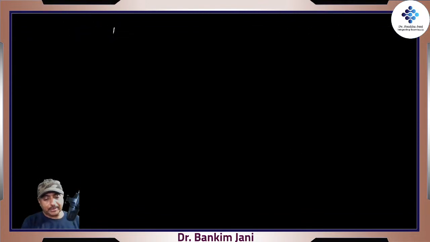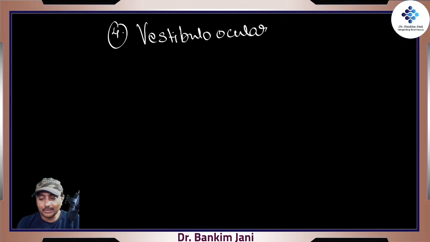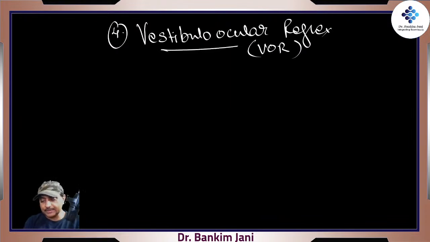And the fourth one, which is also called the VOR. Say these are the movements which we do, but at times we don't realize that this is really happening. This is the vestibulo-ocular reflex, or the movement is called the VOR. What VOR is: say I'm watching towards you.